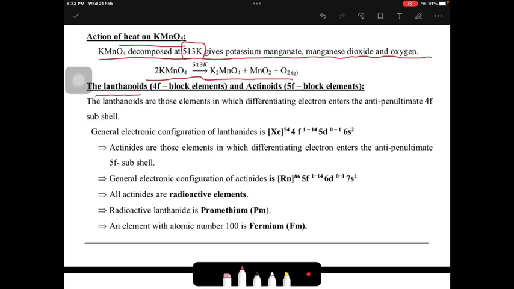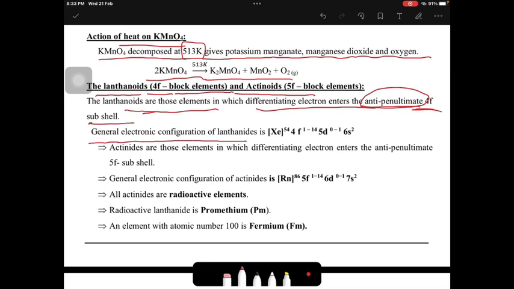The lanthanides, 4f block elements, and actinides, 5f block elements. The lanthanides are those elements in which the differentiating electron enters the antepenultimate 4f subshell. General electronic configuration of lanthanides: xenon 4f 1 to 14, 5d 0 to 1, 6s2.